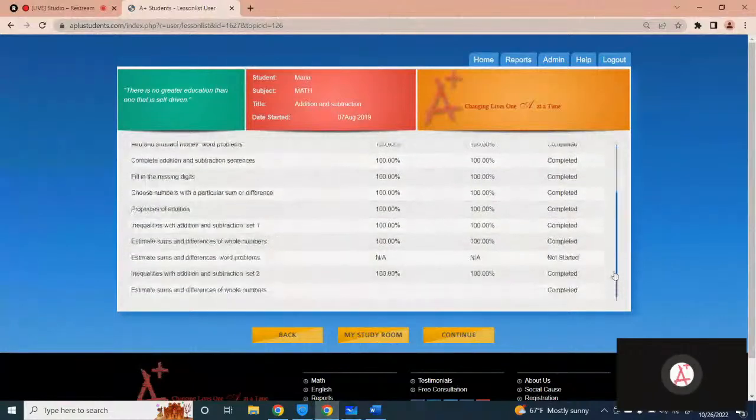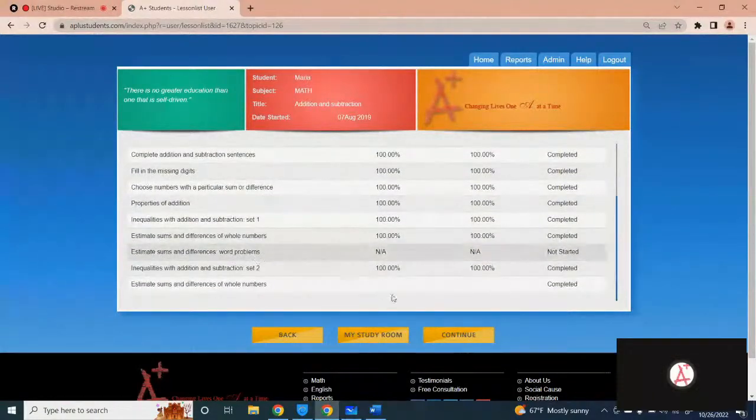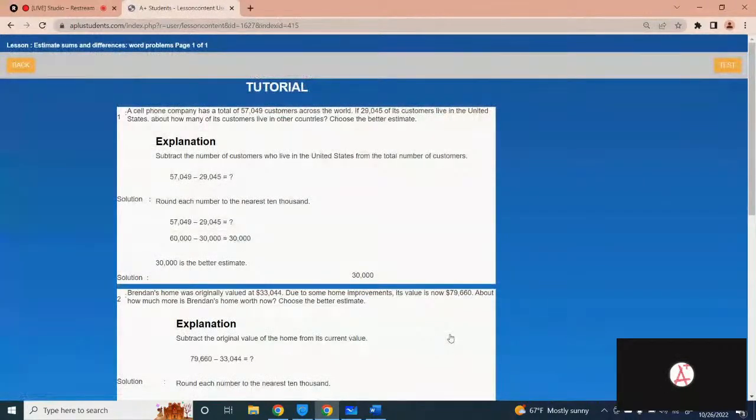Okay, let's start with the next topic. The next topic is estimate sums and differences word problems. Okay, let's start with the test.